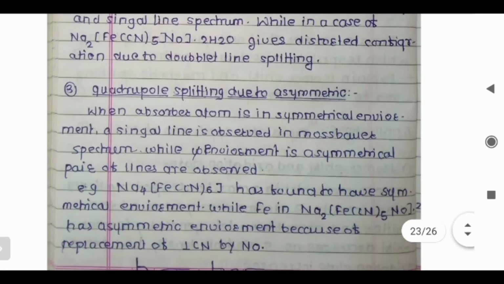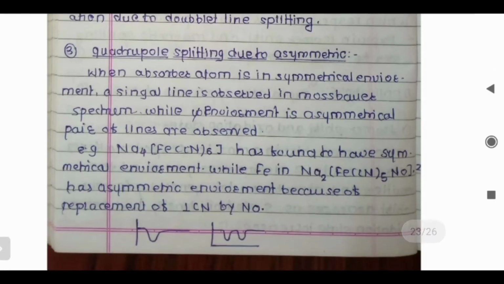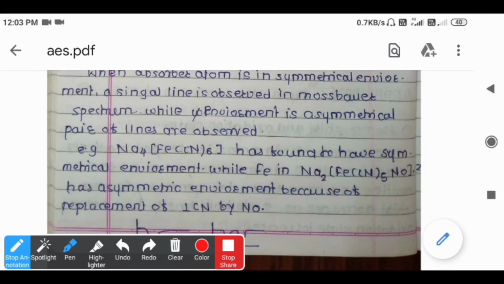When the absorber atom is in a symmetrical environment, the signal lines observed in the Mossbauer spectrum are symmetrical. So we get only one absorption peak in the Mossbauer spectrum for symmetrical absorption, and for the asymmetric nature we get multiple absorption peaks.